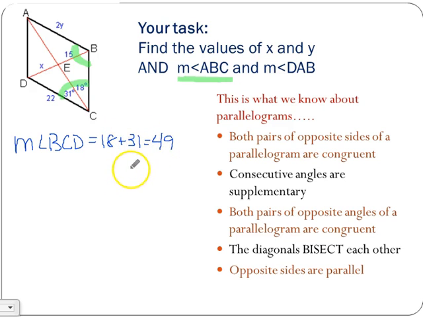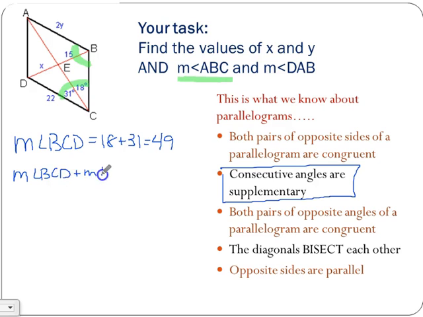Yeah? And what do we know about our properties of parallelograms that can help us? Consecutive angles are supplementary. So we know that the measure of angle BCD plus the measurement of angle ABC has to add up to equal 180 degrees. Well, we know that the measurement of BCD is 49, and we don't know the angle measurement of ABC, but now we have enough information to help us solve it.